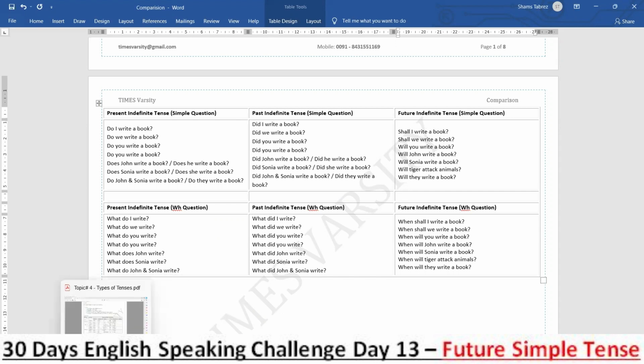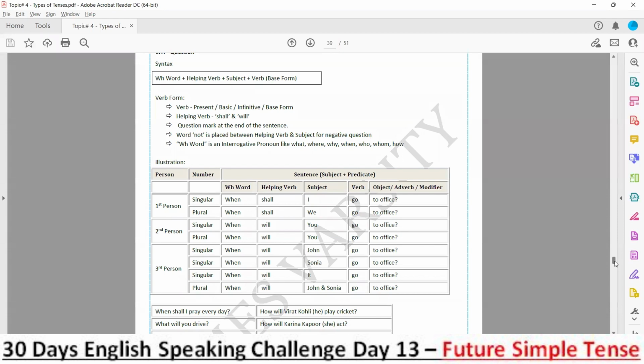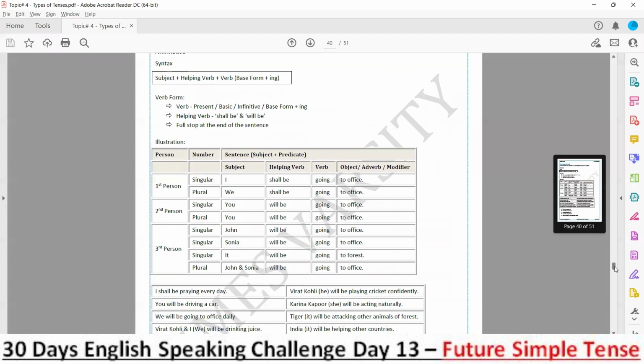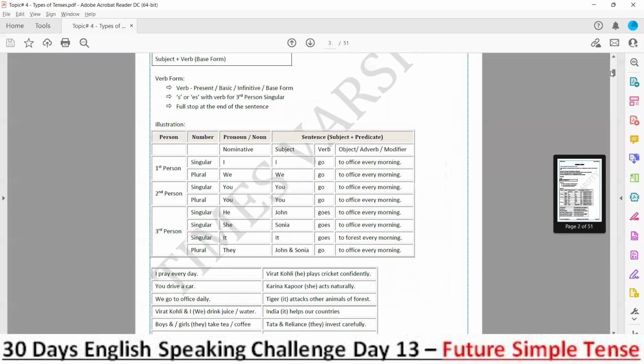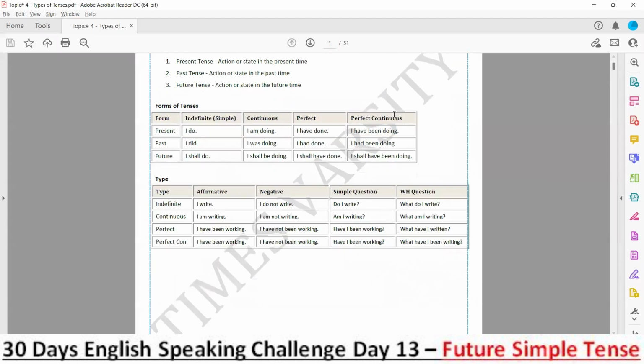Tomorrow, let me go back. Today we discussed future indefinite, and in this future indefinite we discussed affirmative, negative, simple question, and WH question.